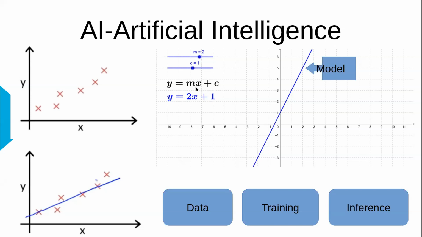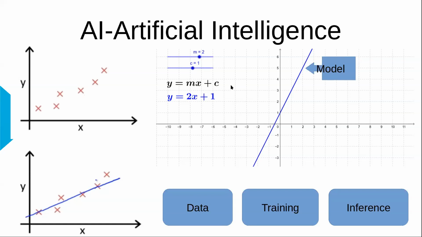Once training is complete, the model will be produced, which will represent the equation highlighted in blue: y equals 2x plus 1. This is the most suitable generalized equation which we can form out of this data. This is the relationship between these two data points which the machine has learned by training on the data we have provided.